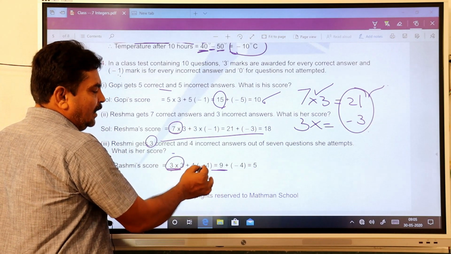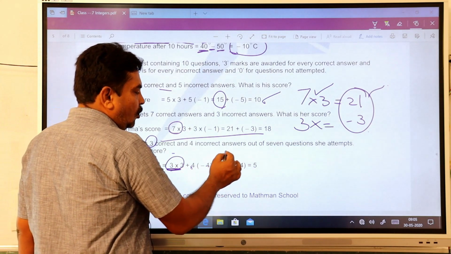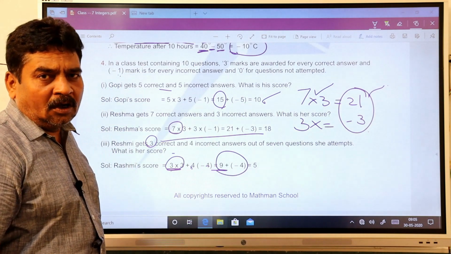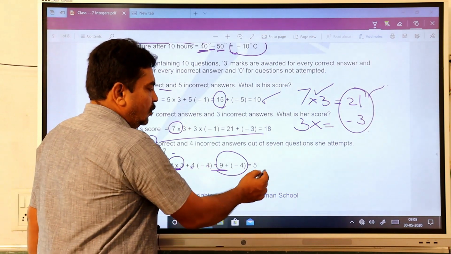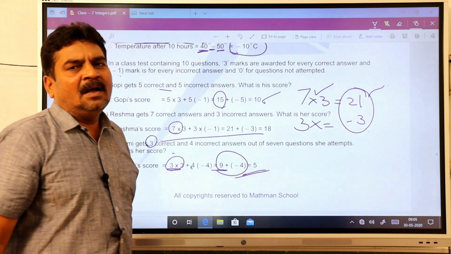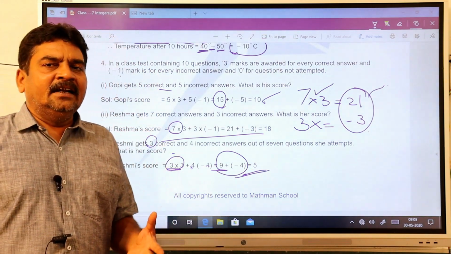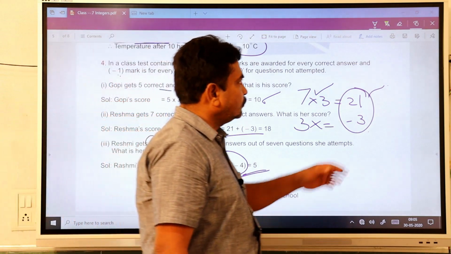So 4 into minus 1 is minus 4. So out of 9, minus 4 for wrong answers. So she scored only 5 marks. This is very easy. Just you have to understand it and do it.